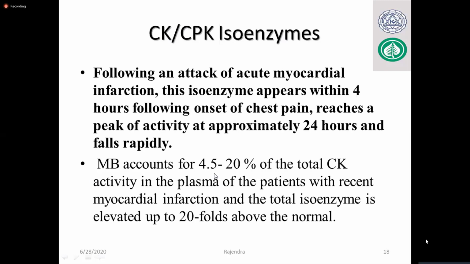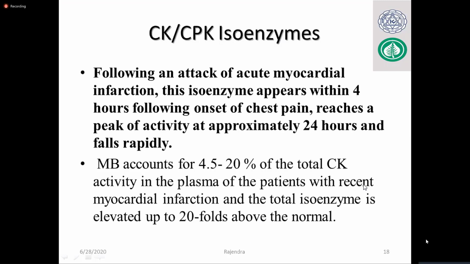CKMB accounts for 4.5 to 20% of the total CK activity in the plasma of a patient with recent myocardial infarction. See, normally this CKMB is 1 to 3% of total CK, but it can be 4.5 or 5 to 20% of the total CK activity in the plasma of a patient having recent myocardial infarction.